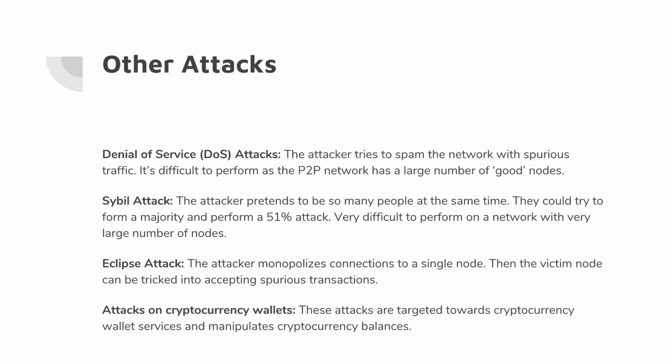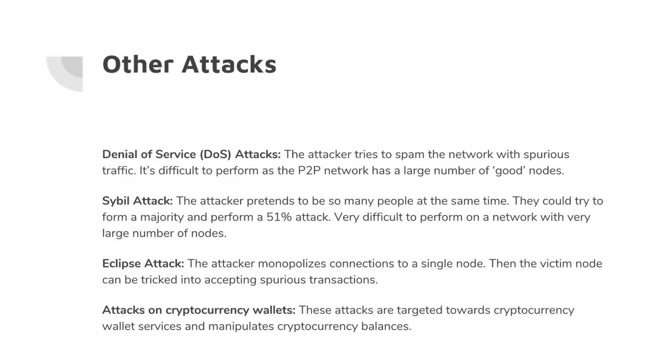Now there are attacks on cryptocurrency wallets. Technically, these are not attacks on the blockchain. These are probably attacks on web applications or services that are run along with blockchains that support cryptocurrencies.